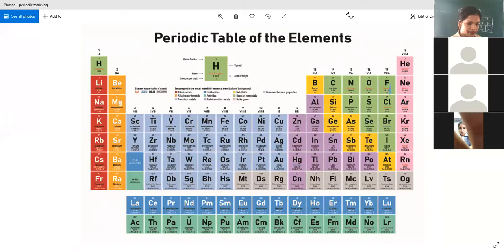Next, we'll be doing periodic trends in chemical properties.